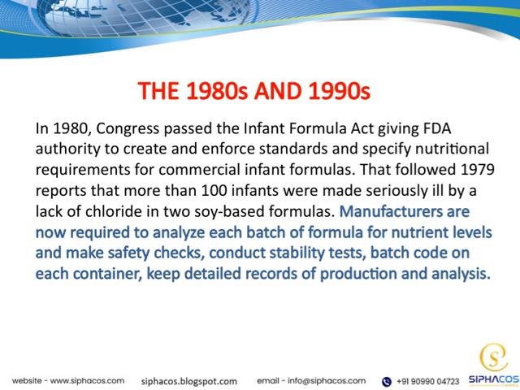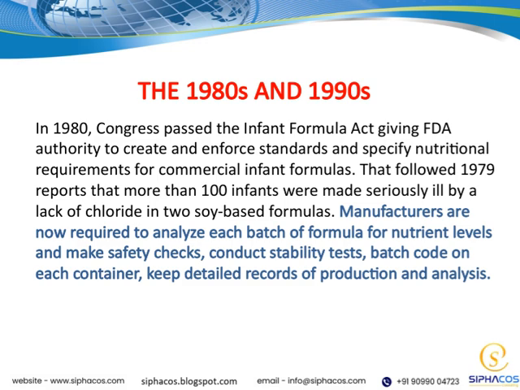As a result, manufacturers are now required to analyze each batch of formula for nutrient levels before it reaches consumers. They also conduct safety checks, perform stability tests to ensure the product remains safe over time, and use batch codes on each container. Additionally, they must keep detailed records of production and analysis, which helps ensure accountability and safety.